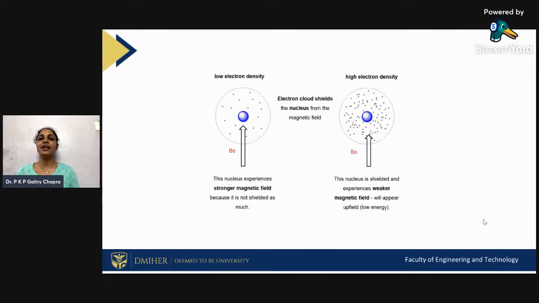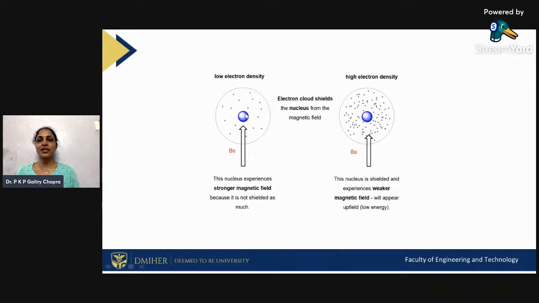All right, now here we are seeing a nucleus. The very first portion of this particular image shows that the electron density around the nucleus is very less. As I already said, the electronic environment, that means how the nucleus is surrounded by the electrons, will decide what type of shift will happen to the signal of the particular nucleus.